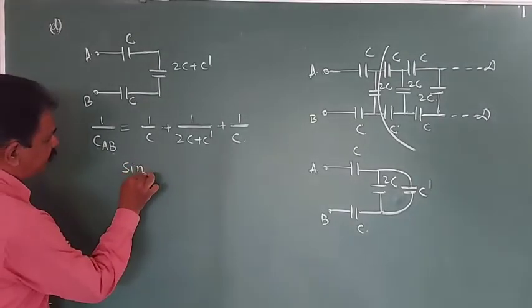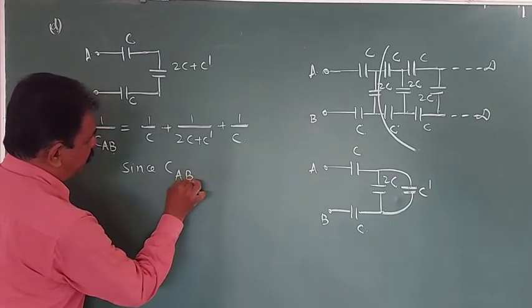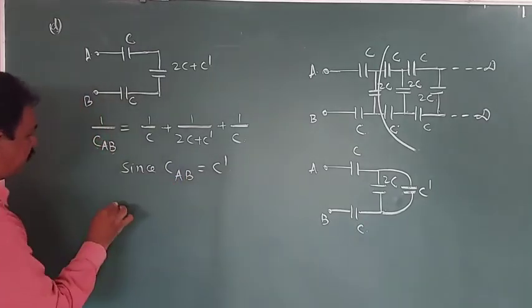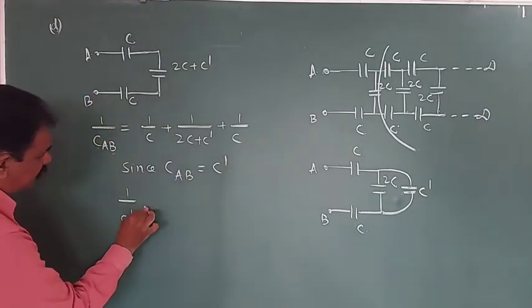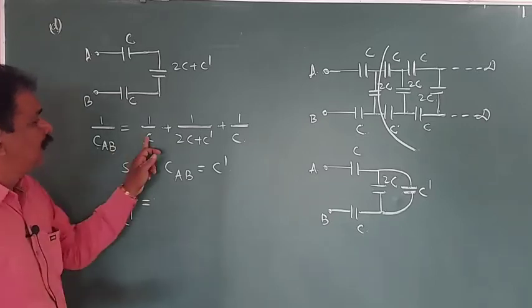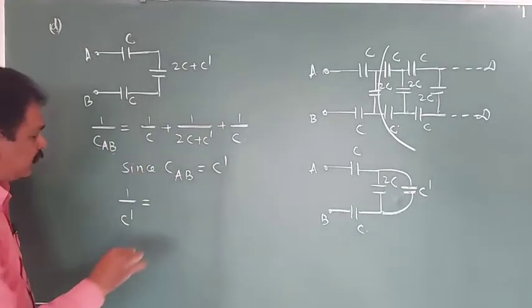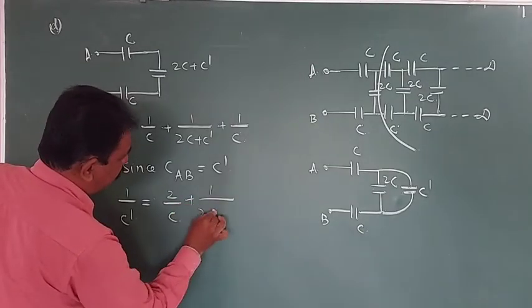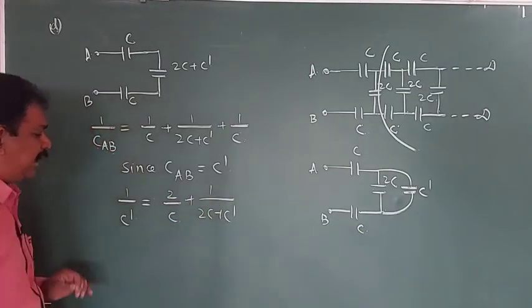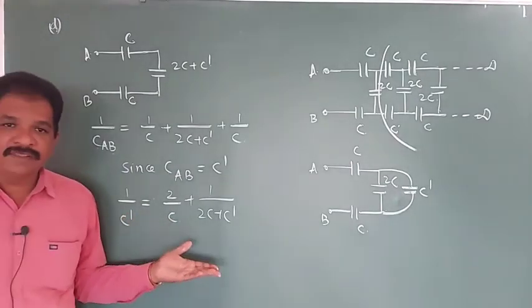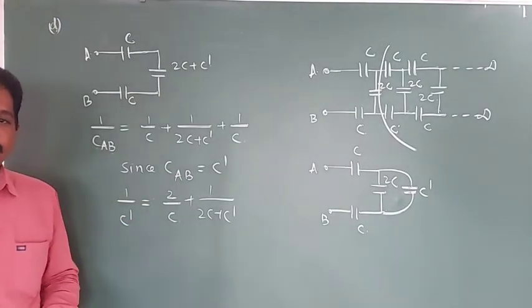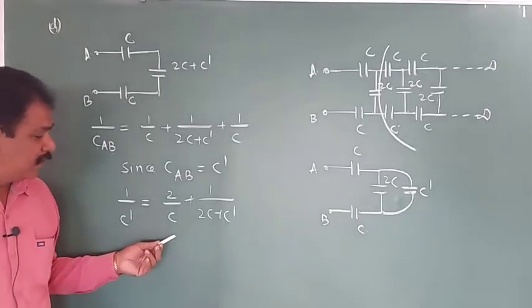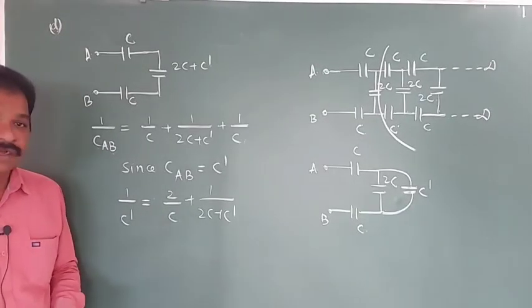Since CAB is equal to C dash, 1 by C dash is equal to 1 by C plus 1 by C, means 2 by C, plus 1 by 2C plus C dash. Find the LCM. In the end, one quadratic equation will come. Solve that, then you will get the answer.